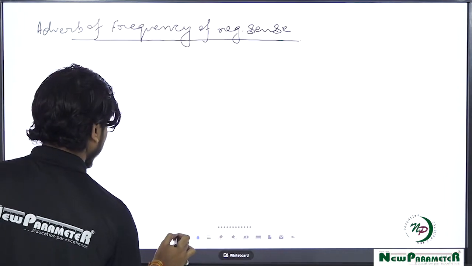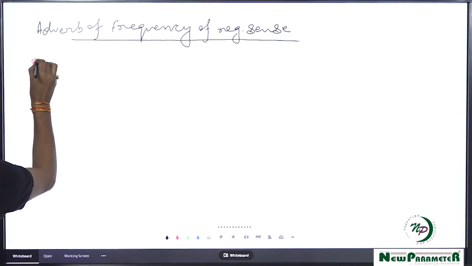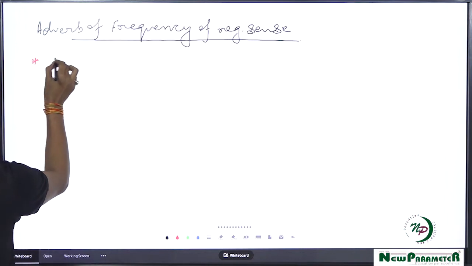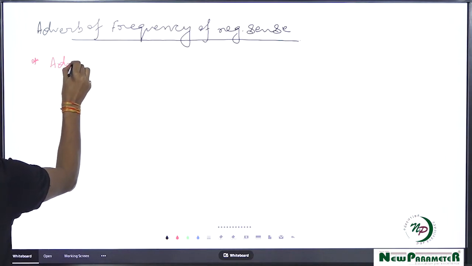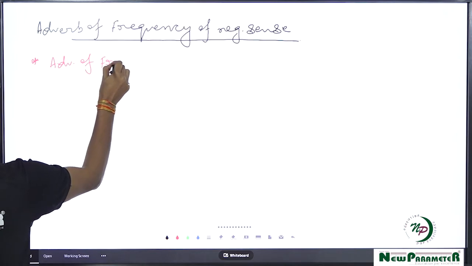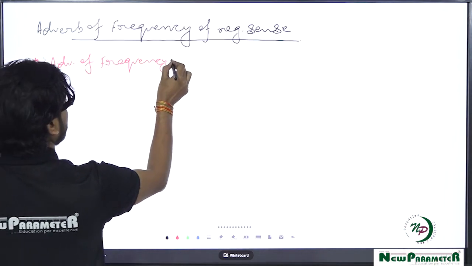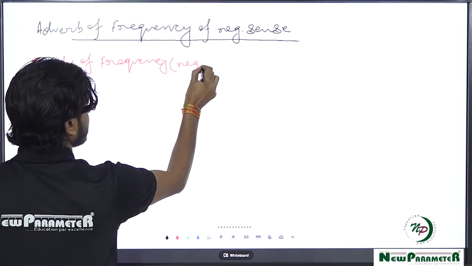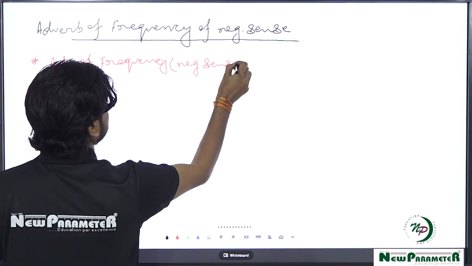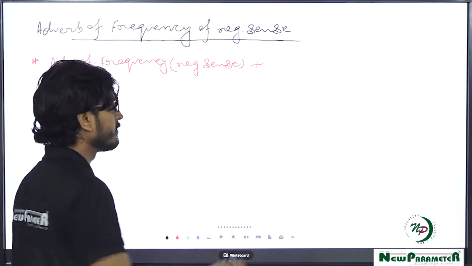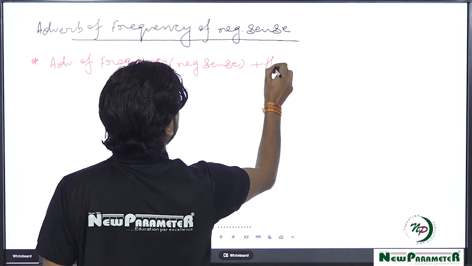Whenever we use an adverb frequency of negative sense, here is the structure: adverb of frequency of negative sense, then we have to use a helping verb.